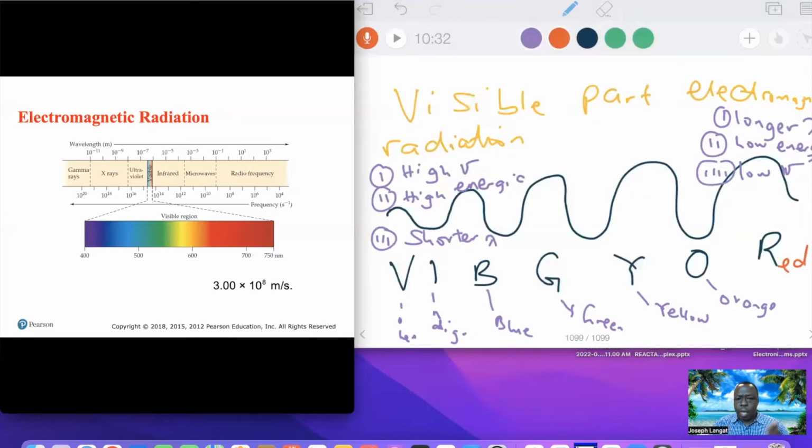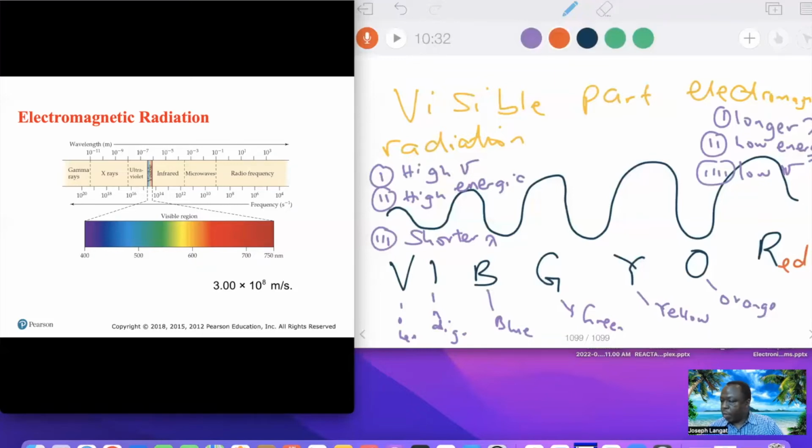A question from here is: arrange the following according to increase in energy or increase in wavelength, or which one of the two colors has high energy or low energy. Based on this, commit to your memory, this falls under the visible region of electromagnetic radiation.